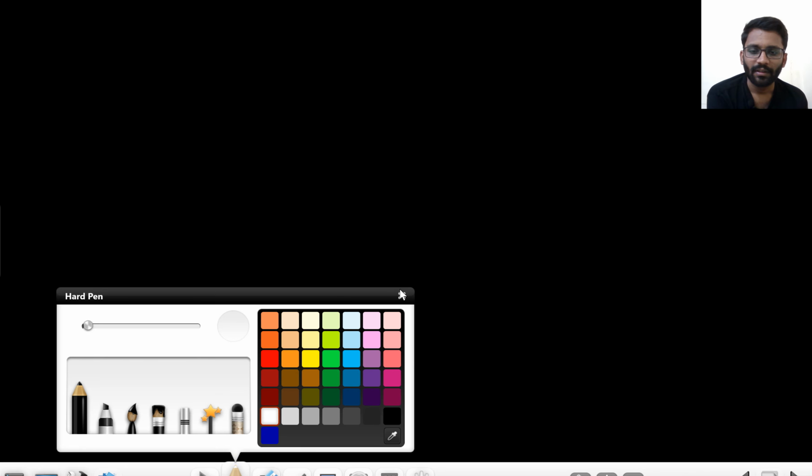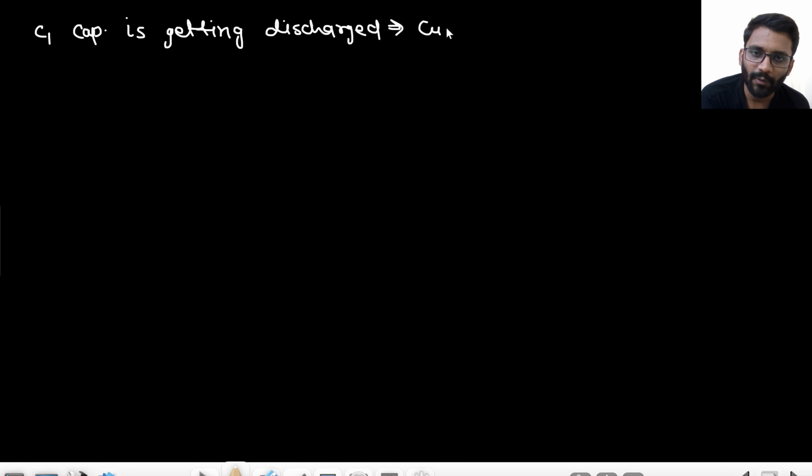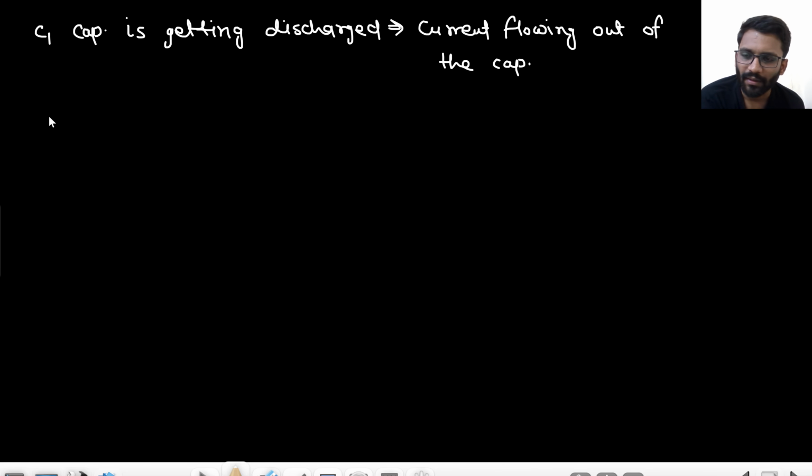So I will write it down. C1 capacitor is getting discharged. That means current flowing out of the capacitor. And C2 cap is getting charged.